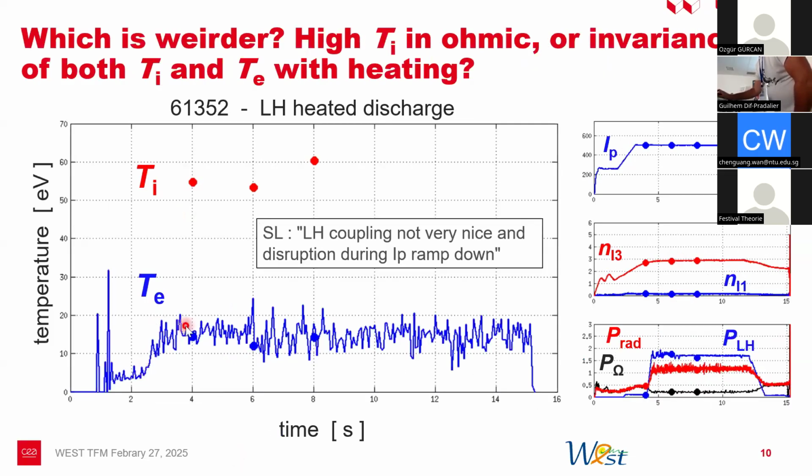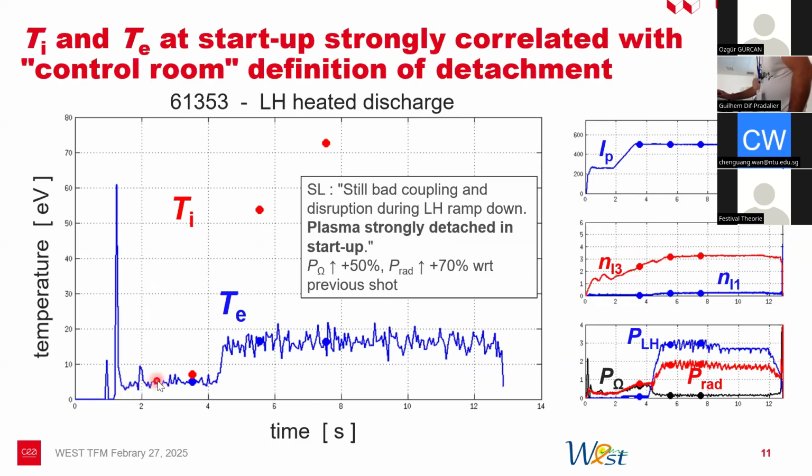This plasma is what we call attached. It means that we had less MHD, probably, and higher core electron temperature, even in the ohmic phase. And on this shot, we can see that the electrons remain cold the whole time until the power comes on. And then we reattach, luckily, because it doesn't always work.